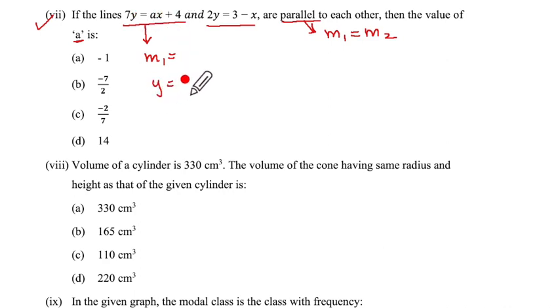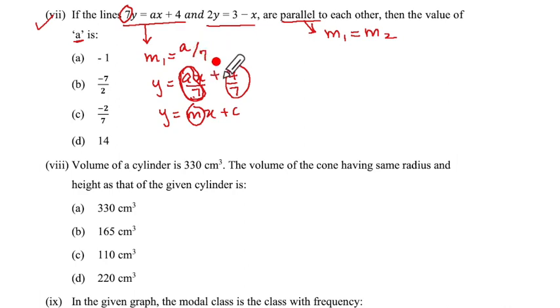So y will be equal to ax plus 4 upon 7. I'm writing 7 here and 7 here, so I have divided both of these terms by this 7. The coefficient of x will be the value of the slope, because y is equal to mx plus c. So slope m1 is a upon 7.